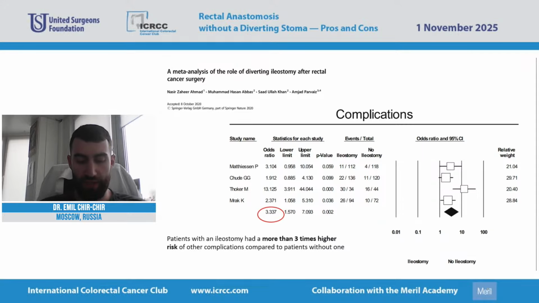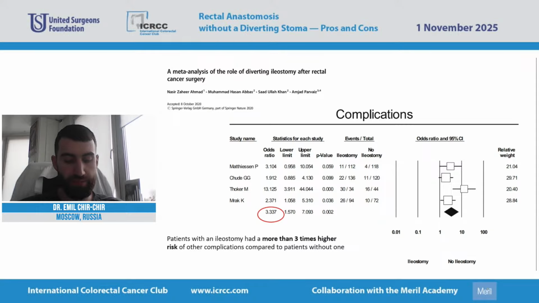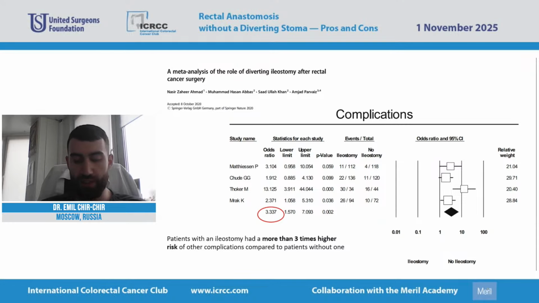Patients with an ileostomy had a more than three times higher risk of other complications compared to patients without one. The study authors themselves state that higher quality RCTs are needed before ileostomy can be recommended as a routine practice after rectal cancer surgery.